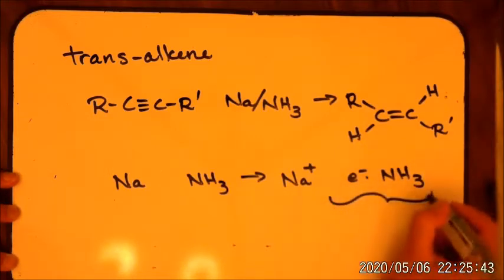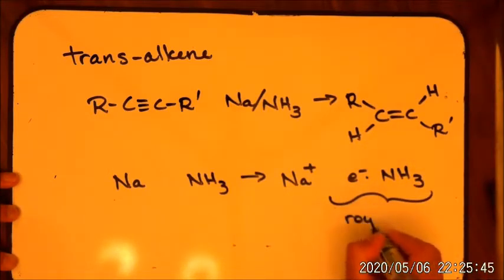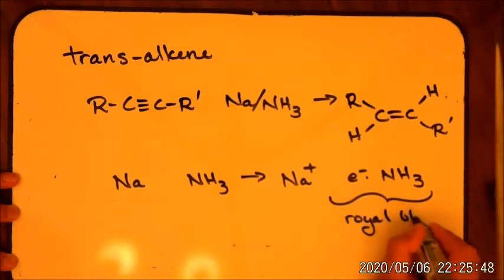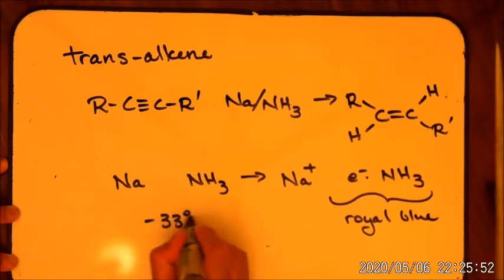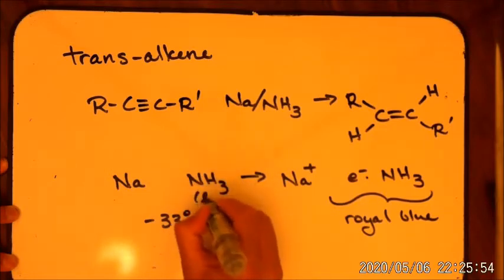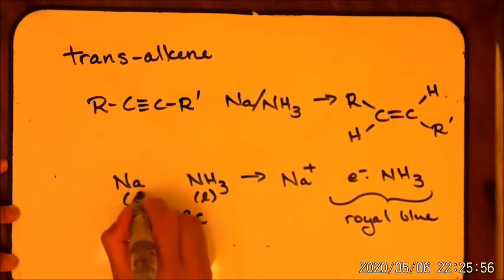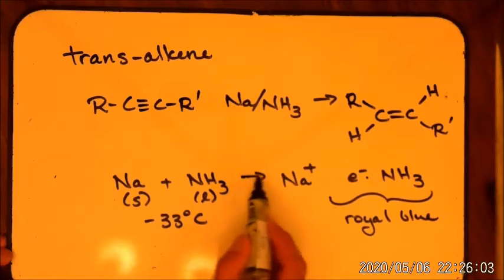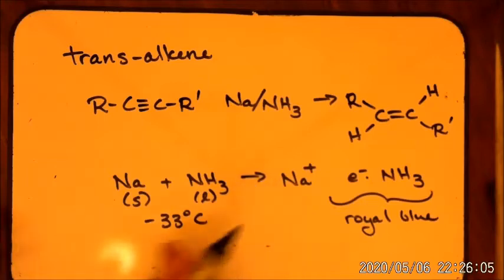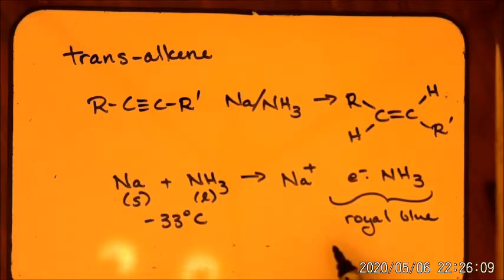And this turns this gorgeous royal blue. This is going to be at minus 33 degrees Celsius because this is liquid ammonia and solid sodium. Why aren't we getting sodium ion? Because I don't have my iron 3 catalyst. It's just sodium metal and liquid ammonia, and this is what you get.